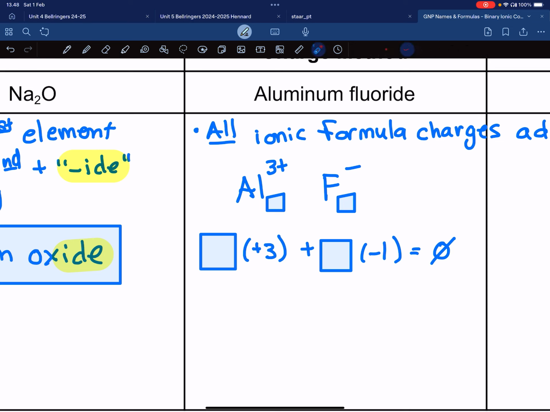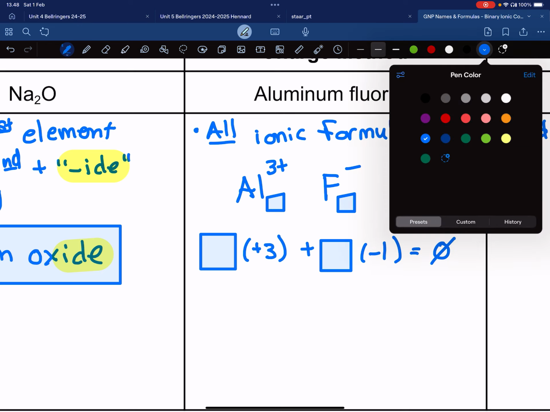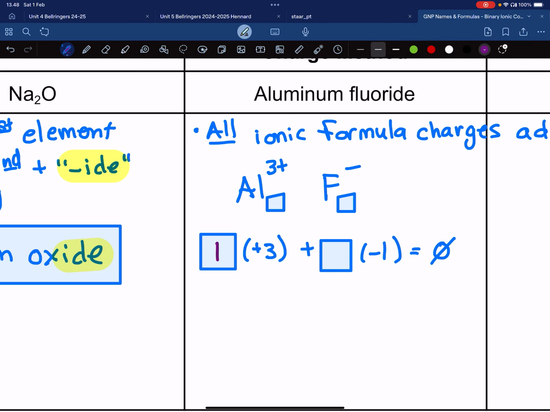Well, clearly 3 negative 1s will balance out 1 positive 3. So 1 positive 3 and 3 negative 1s will give me a plus 3 and a negative 3, which is 0.